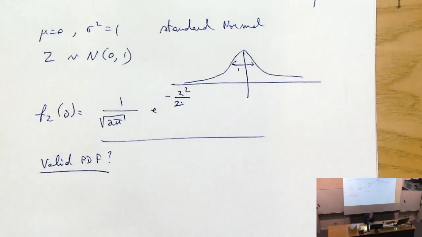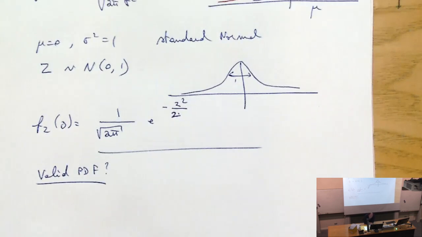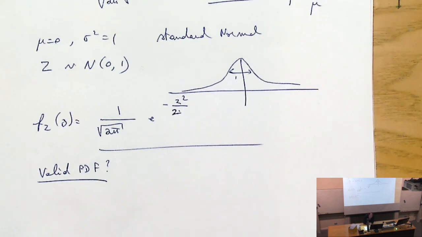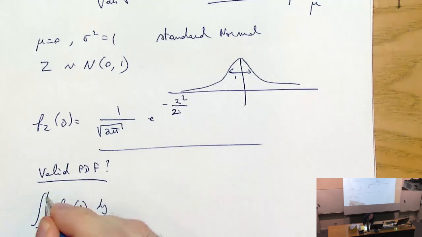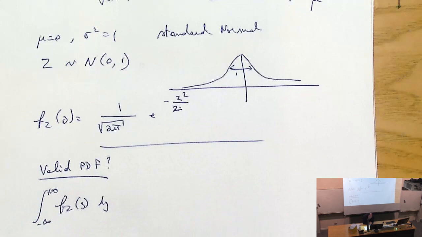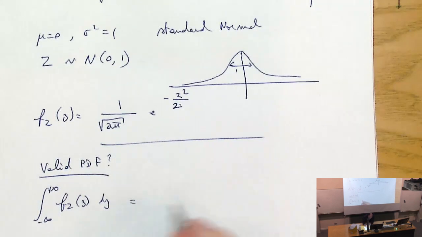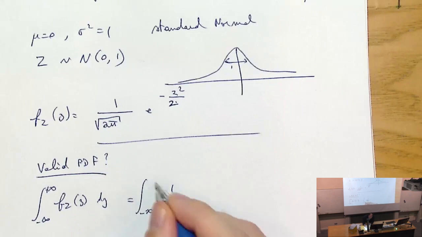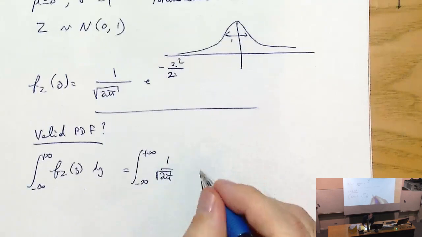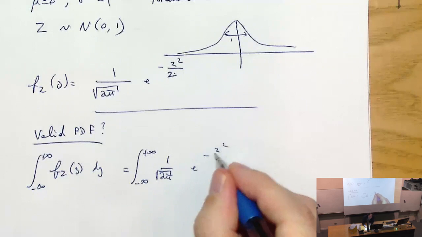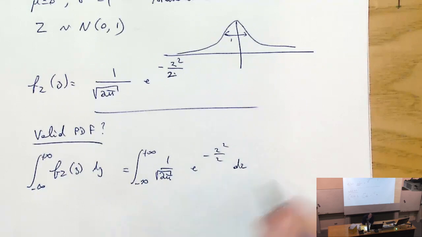So what do we need to do to show that this is a valid PDF? I need to show that the integral of this quantity between minus infinity and plus infinity is equal to 1. So this is 1 over square root of 2 pi, integral between minus infinity and plus infinity of e to the minus z square over 2 dz, and this has to be equal to 1.